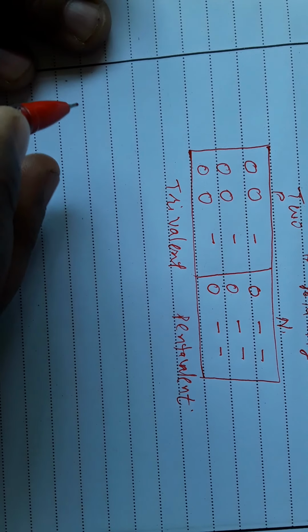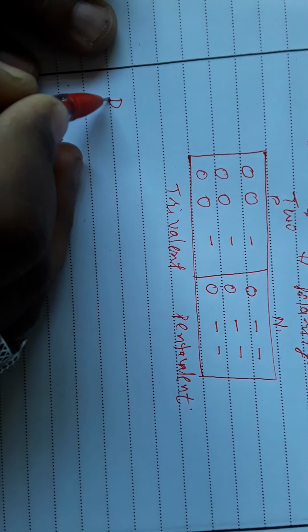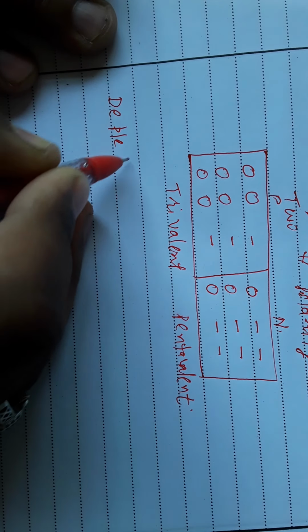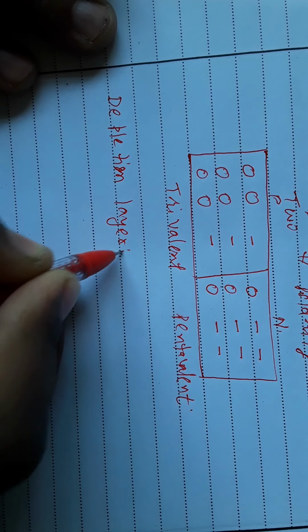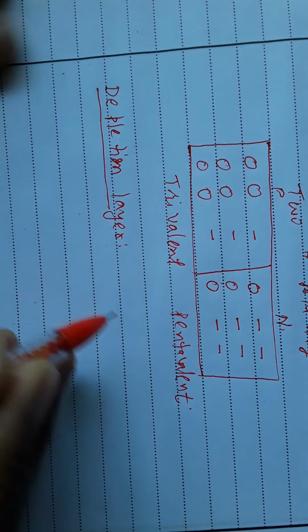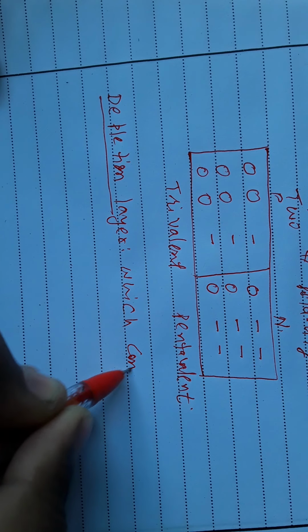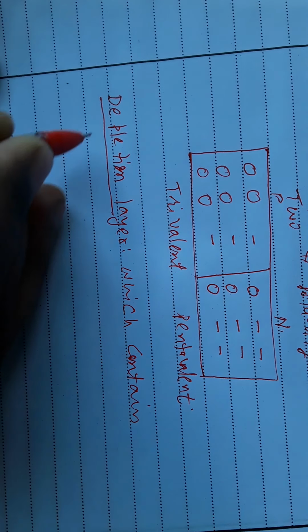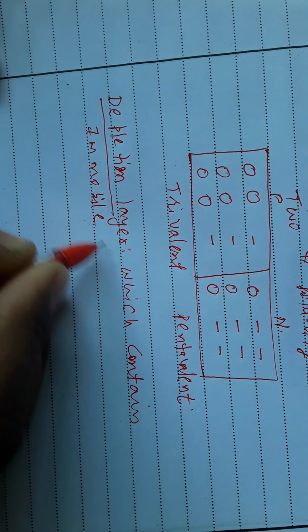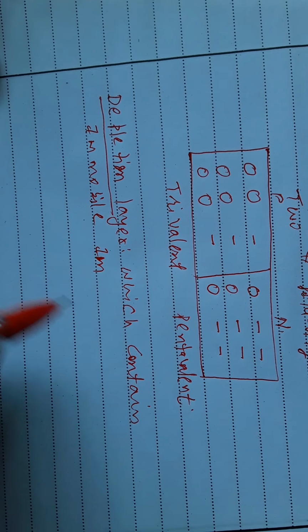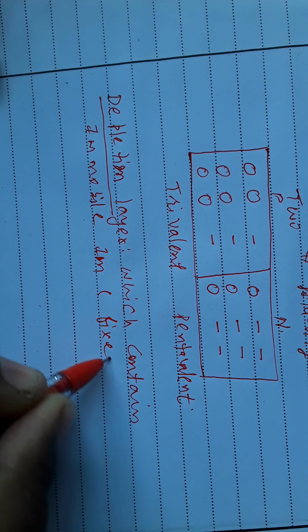Now the next topic is depletion layer, which contains immobile ions, or we can say fixed ions.